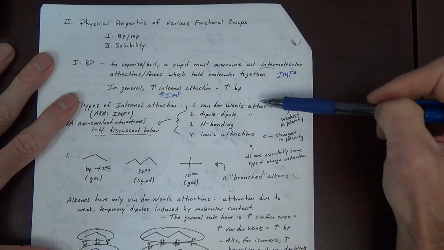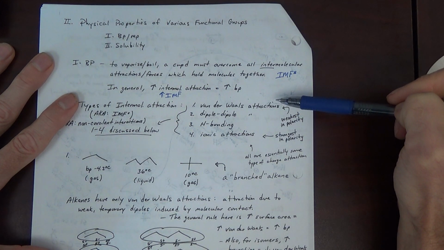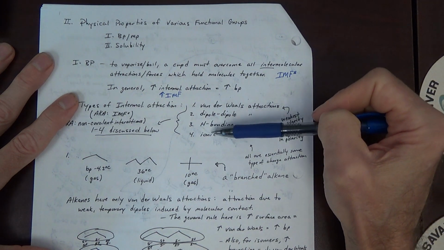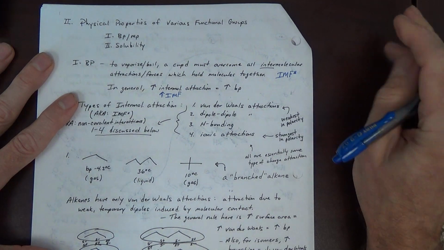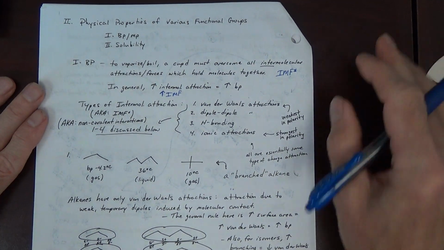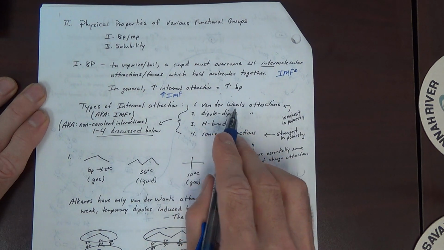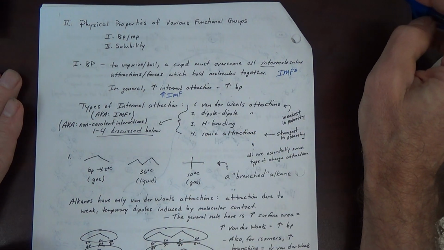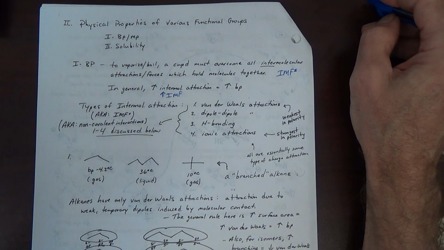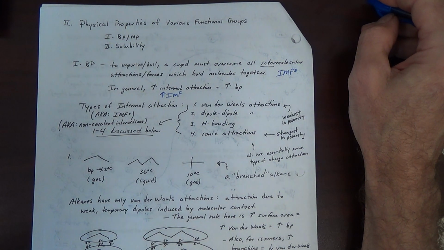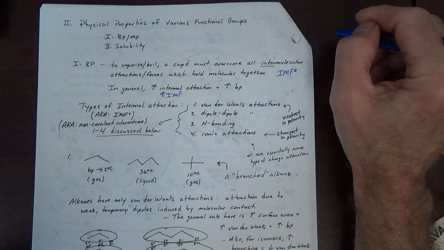Van der Waals is the weakest polarity, and ionic attractions is the strongest polarity. Now, van der Waals attractions are sometimes called other names. There are kind of minor differences in them. You may have heard of London forces or dispersion forces. I consider them pretty much all the same, and I will simply call them van der Waals attractions.